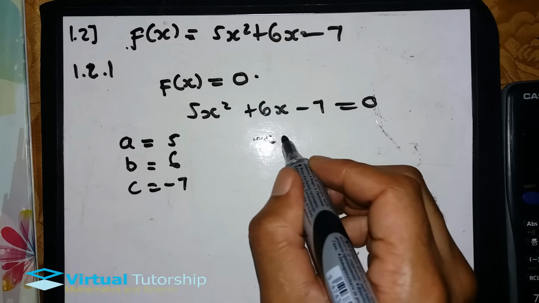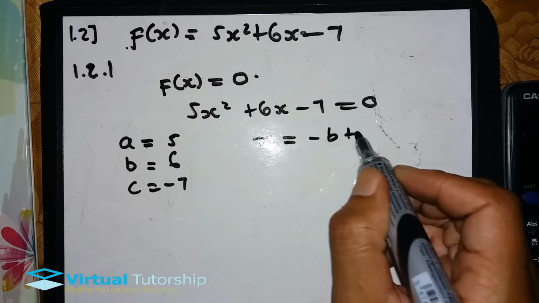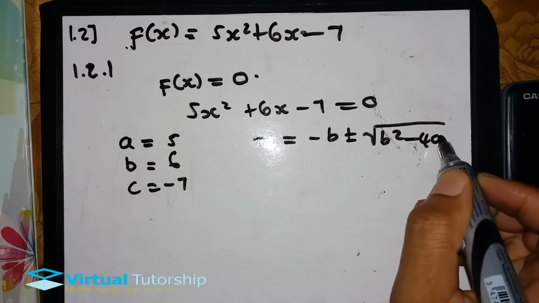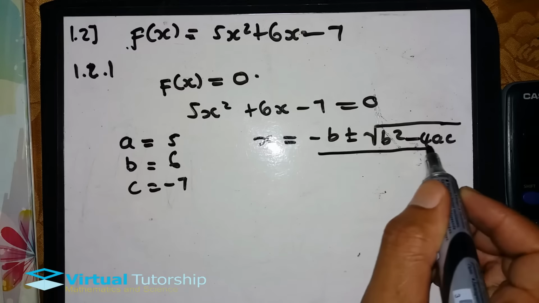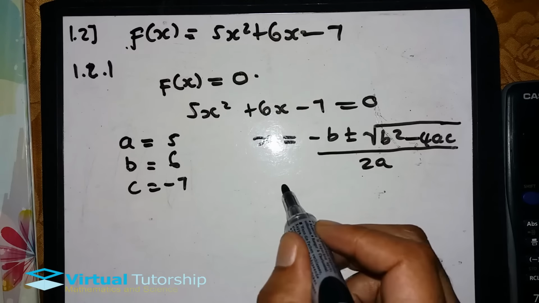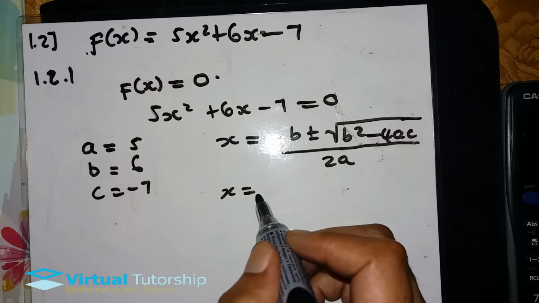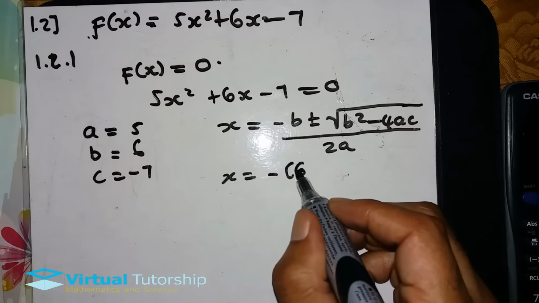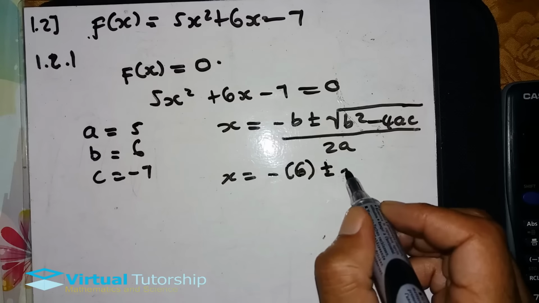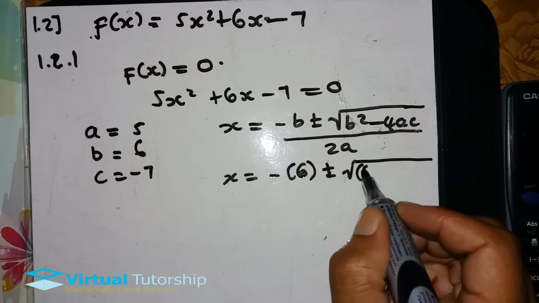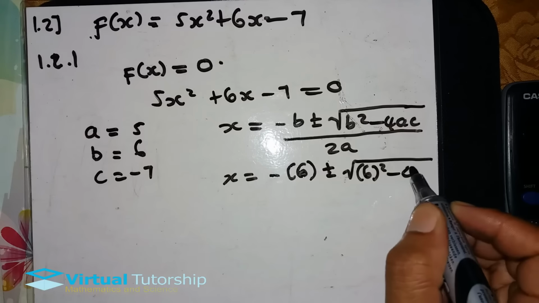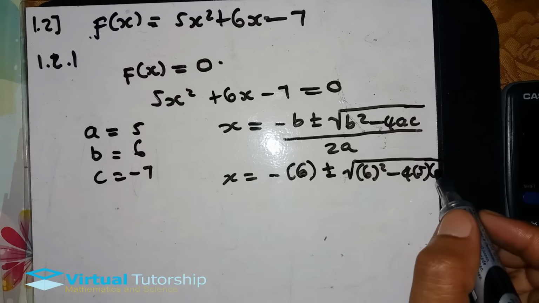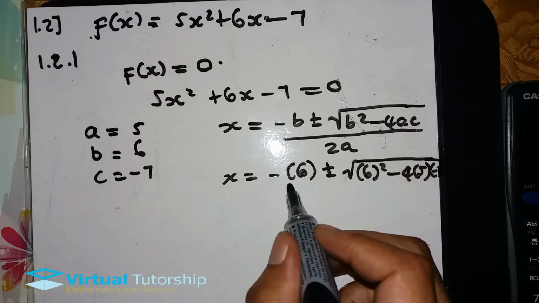So the formula is x equal to minus b plus or minus the square root of b squared minus 4ac, all divided by 2a. x is equal to minus b, it's 6, positive 6 plus or minus 6 squared minus 4, a is 5, c is negative 7.